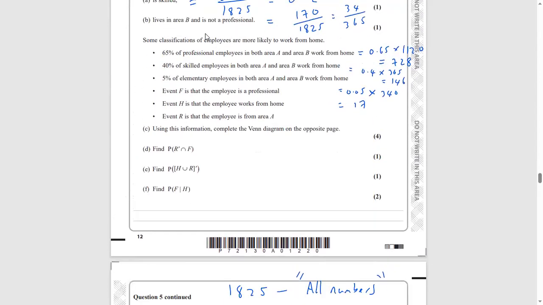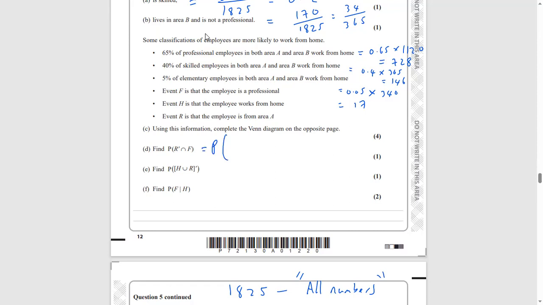So the next part of the question, part D, is we've got to find the probability that someone is not from area A. So remember, this dash there is the complement, so not R. Let's just write this in words so we can be really clear about what this means.